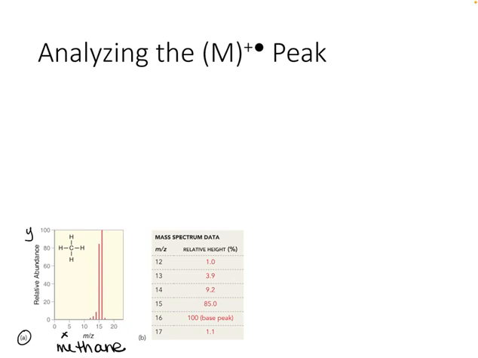Okay. Now, remember from earlier, we said that we can end up with a radical cation after a molecule is hit with a beam of electrons. So we use this symbol to indicate that we have our radical cation. So it's just a capital M in parentheses with a plus sign and a little dot for the electron.